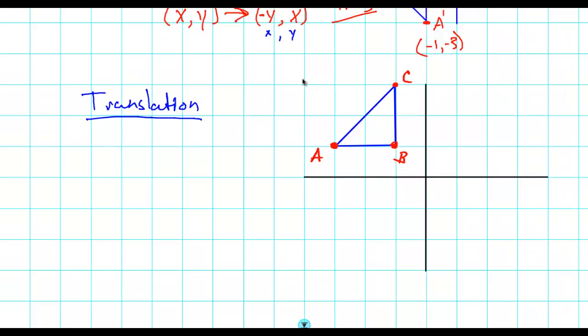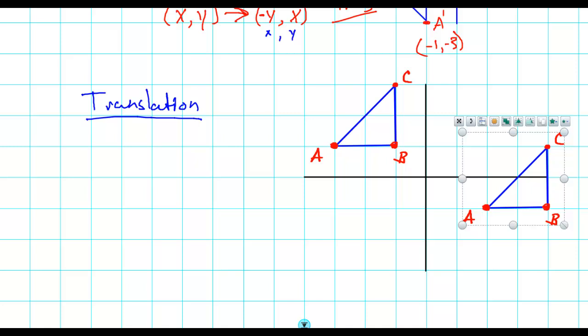All right, so what I'm going to do now is translate this triangle. And the way I'm going to do it, similar to what you've already seen me do before, I'm going to duplicate it. And then I'm going to just slide it. So I'm going to slide it to here. So I have my A prime, B prime, C prime. Remember, pause it if you need to catch up.